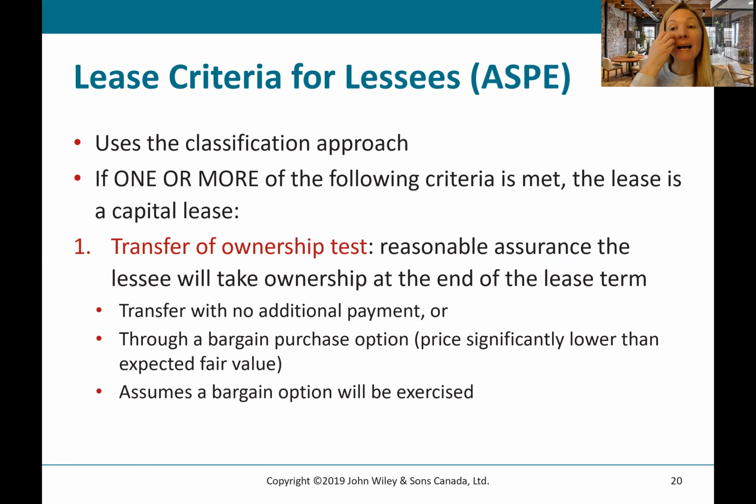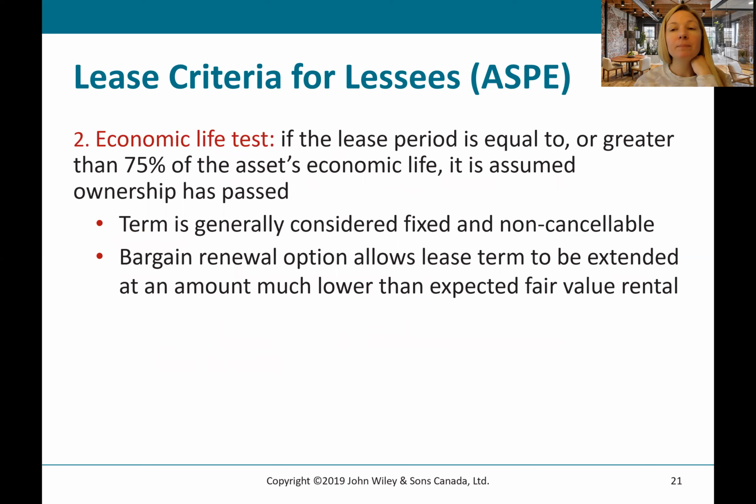The first test is the transfer of ownership test. This provides reasonable assurance the lessee will take ownership at the end of the lease term. So if there's a transfer with no additional payment, if there's a bargain purchase option, or if it says in the question that we assume the bargain purchase option will be exercised.